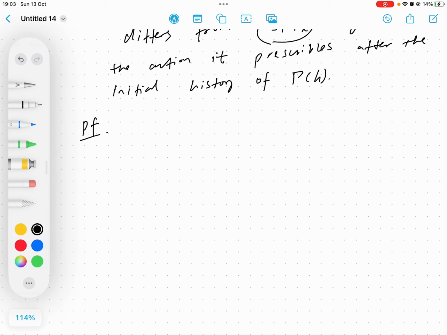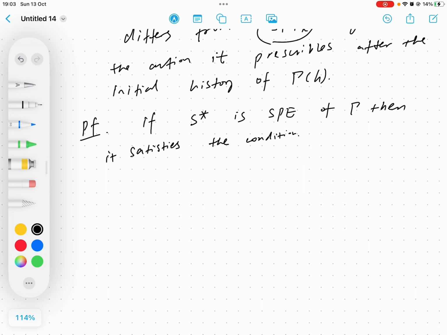If S star, this strategy profile, is a subgame perfect equilibrium of this gamma, then it satisfies the conditions we mentioned in the definition.